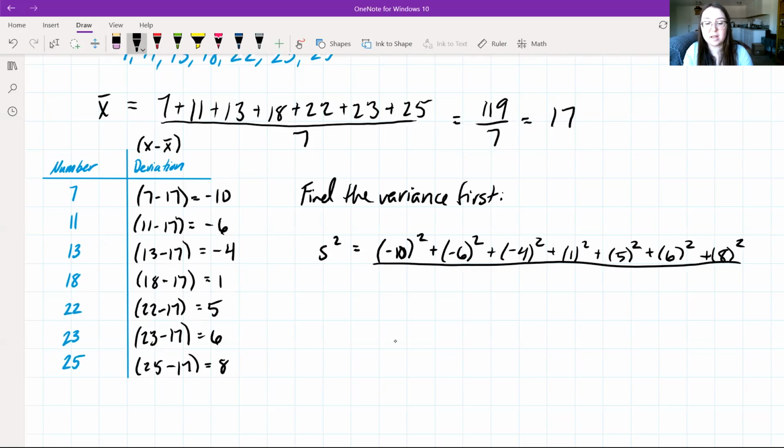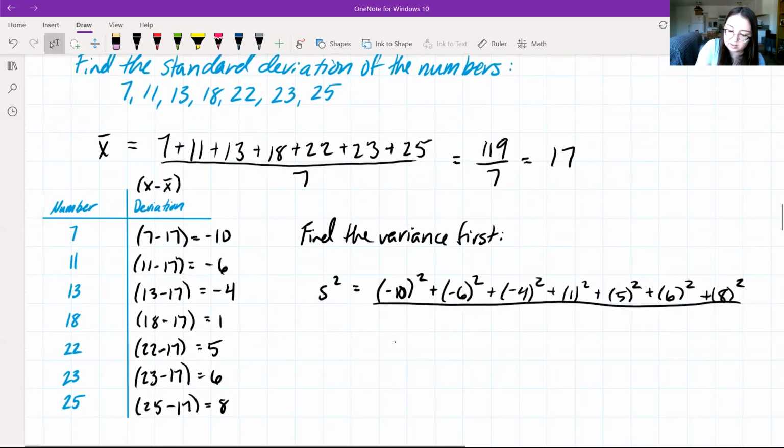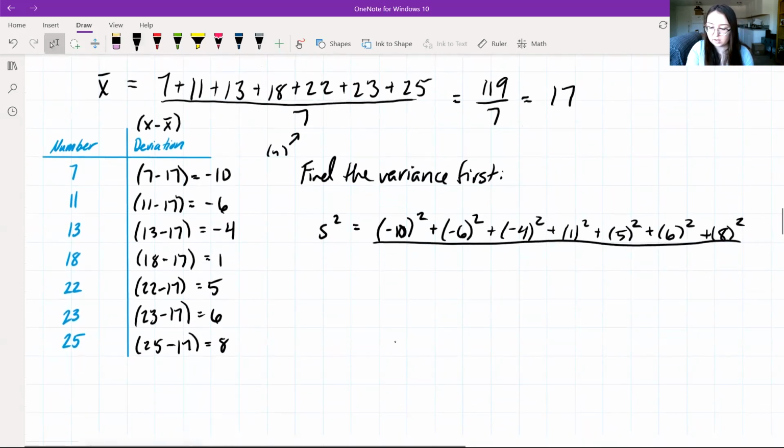And we're dividing by n minus 1. And in this case, we see that n is going to be 7. We can write this up here. N is equal to 7. We also see n here. So we put my little arrow, we say this is n. So we have 7 minus 1.